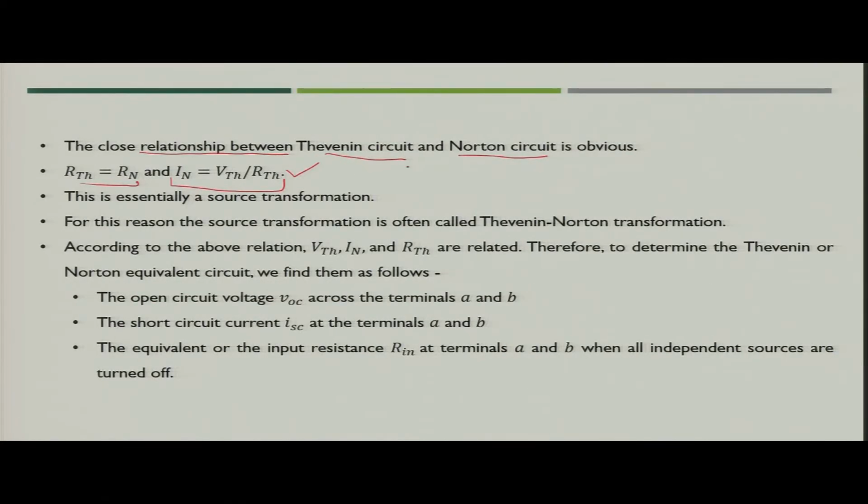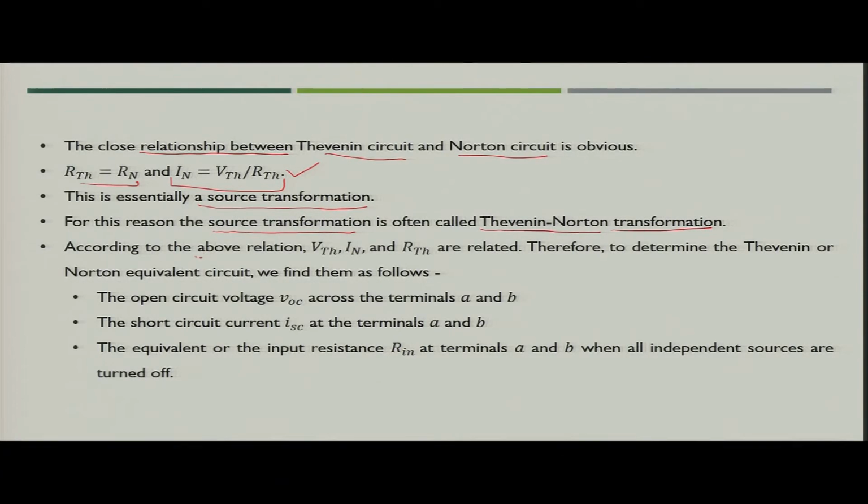So, Thevenin's and Norton's theorems are related with each other with the help of source transformation. R Th is equal to R n, and I N, that is Norton's current, would be equal to V Th divided by R Th. You can simply say this is nothing but a source transformation. That is why source transformation is also called Thevenin-Norton transformation.